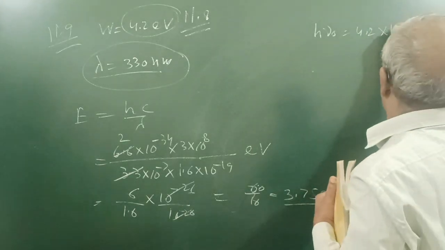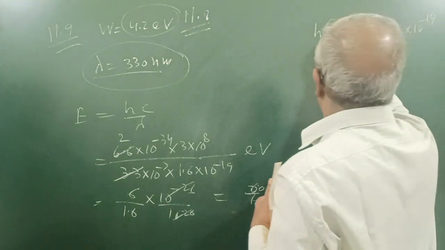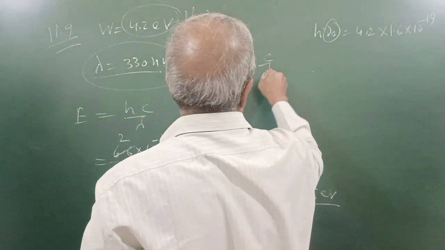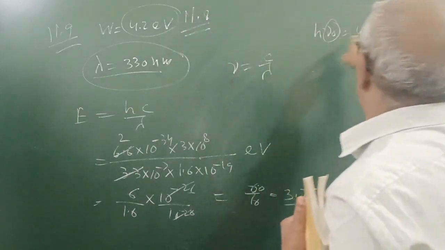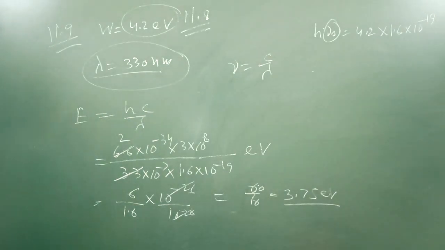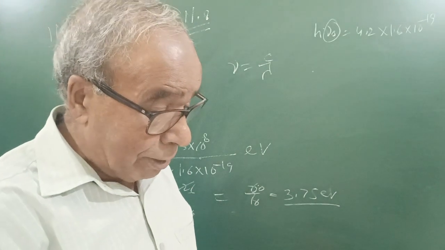Convert this into joule, the same thing. Then find nu 0, and find nu as c upon lambda. You will find nu less than nu 0. If nu is less than nu 0, then photo emission will not take place.